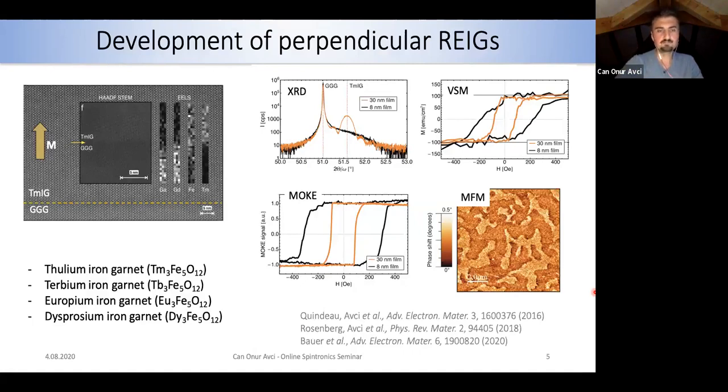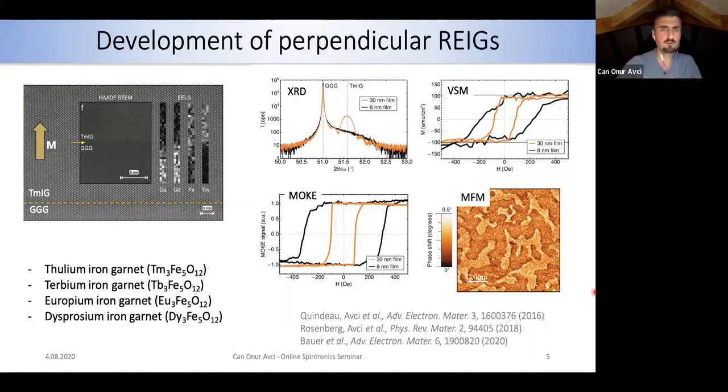Let me briefly explain more recent research. A few years ago, when I joined the group of Jeff Peach at MIT, my colleagues there grew the first thulium iron garnet film with perpendicular magnetic anisotropy down to 5 nanometer thickness, maintaining bulk-like properties. Here I show you a set of structural and magnetic characterization.